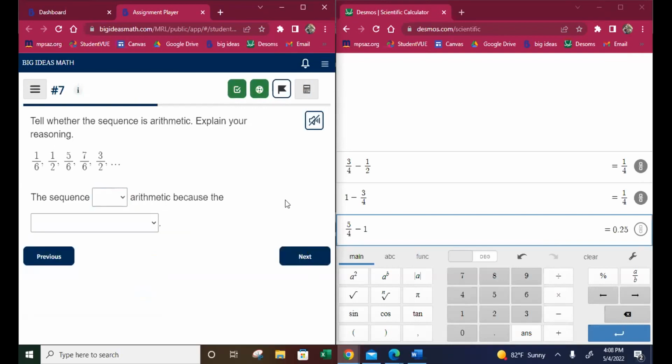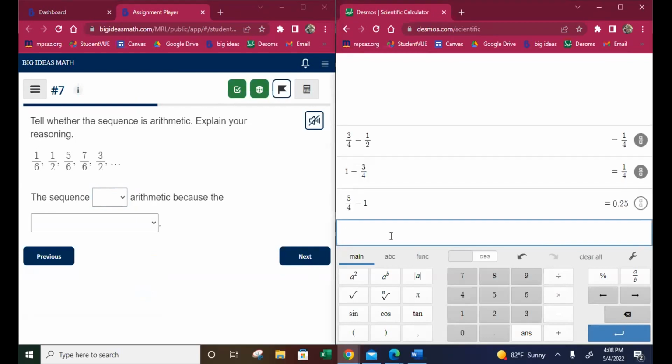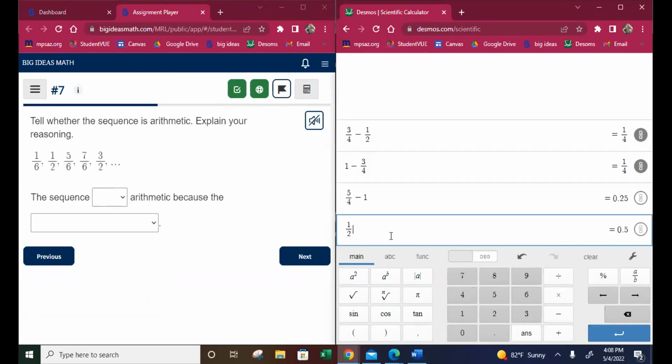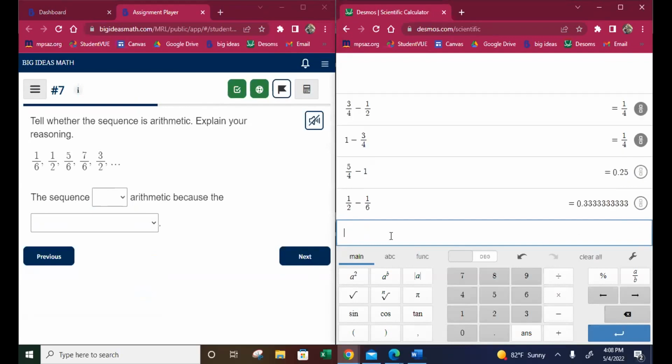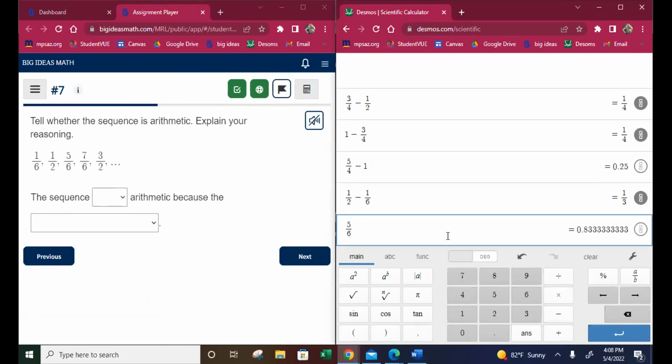Okay. So here you would do the same thing. You would take 1/2 and subtract 1/6. That looks like a third. And then do the same thing: 5/6 minus 1/2. Okay, you're looking pretty good.